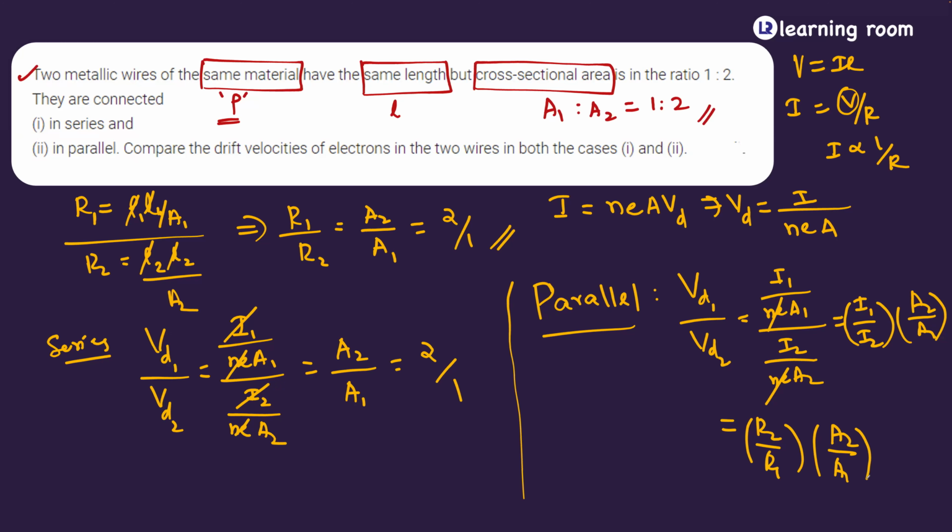So R2 by R1 will be 1 is to 2. So half into A2 by A1, which is 2 by 1. Cancel it. Answer will be 1 is to 1. I hope you could understand the logic. So whether they are connected in series or parallel, the drift velocity ratio in both scenarios will be the same.